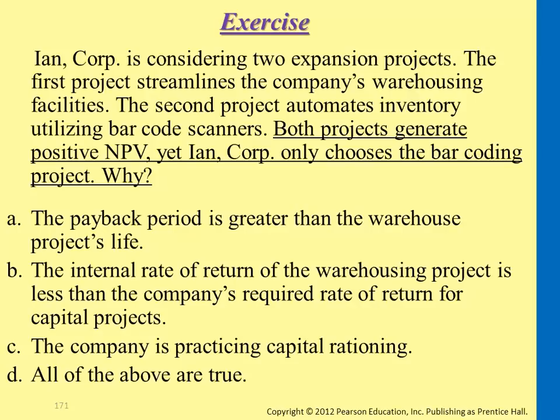Payback period is greater than the warehouse project's life. The internal rate of return of the warehouse project is less than the company's required rate of return. The hint here is that both of them have positive NPV, which means both of their IRRs will be higher than the desired rate of return.